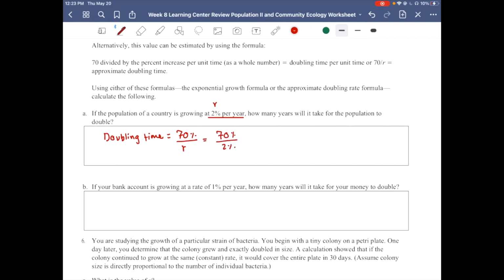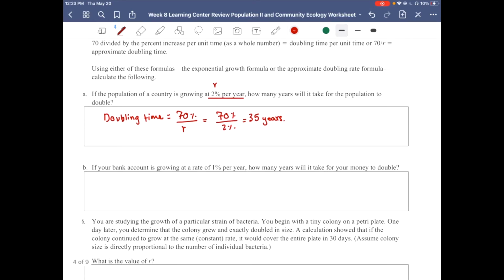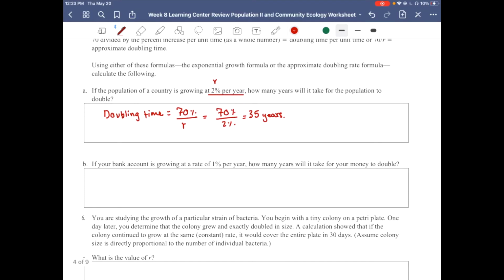So that's 2%, and our doubling time is going to be 35 years. All right, and then the next one, they're saying it's only 1% per year, so same equation. But we're going to replace the R with 1%, which means our answer is going to be 70 years. Does that make sense so far?